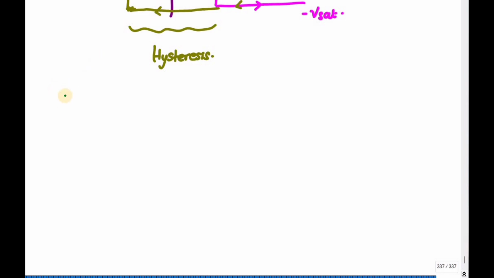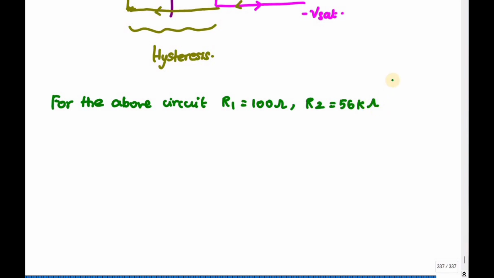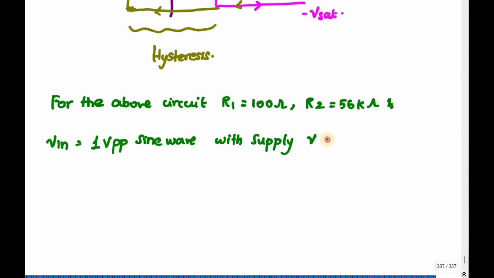For the above circuit, if R1 is equal to 100 ohm and R2 is equal to 56 kilo ohm, and Vin is a 1 volt peak to peak sine wave, with a supply voltage of plus or minus 15 volt, determine VULT and VLLT.